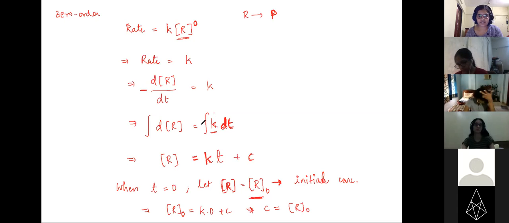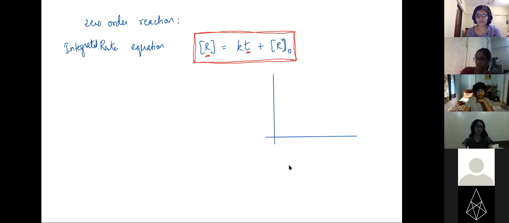Let me take it to the RHS. Here also negative will come, which means that this is minus Kt. So here also this becomes minus K into 0. Now coming to the rate equation, this is not correct, so this will be minus Kt. Okay, so now what will be the shape of the graph?